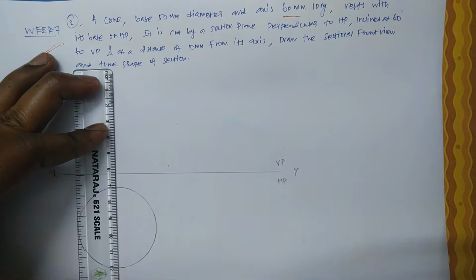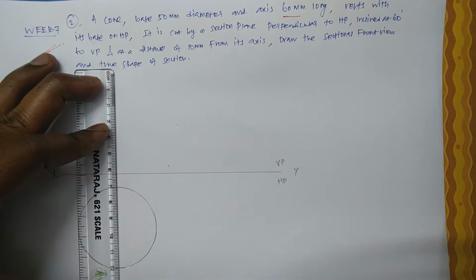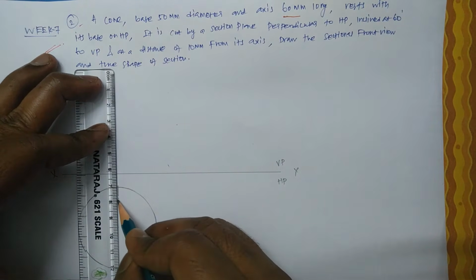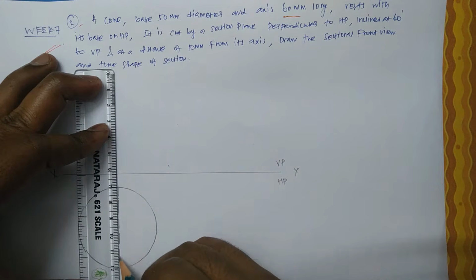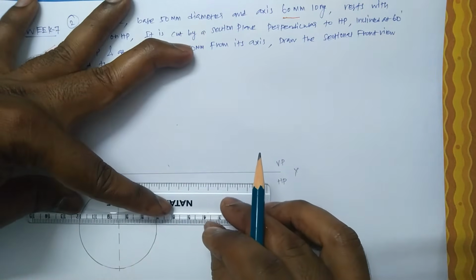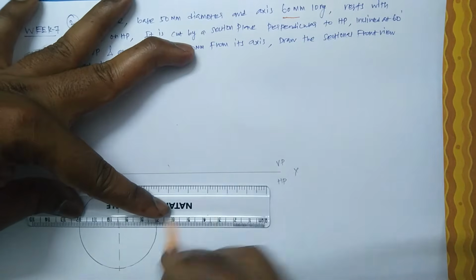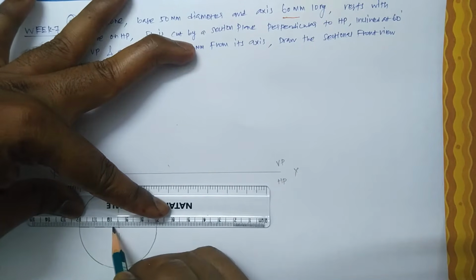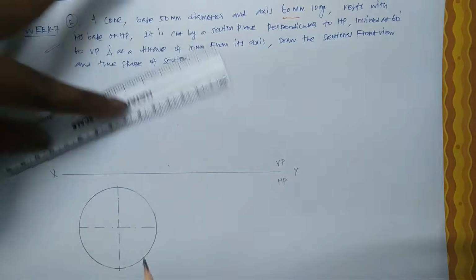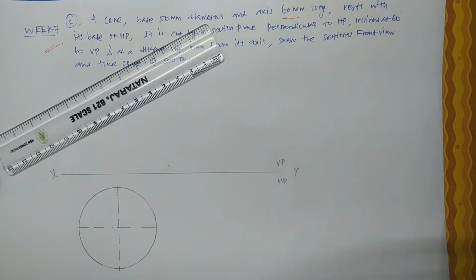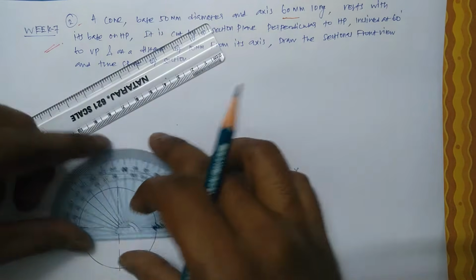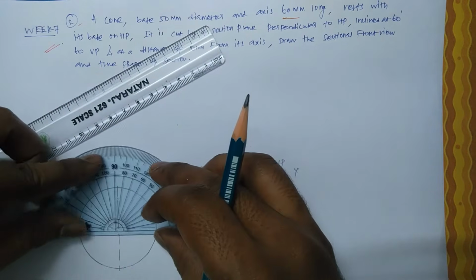So let me divide the circle. Only 4 is not sufficient. Let us make 8 divisions for the circle. For that, 360, one quadrant is 90, so 45.